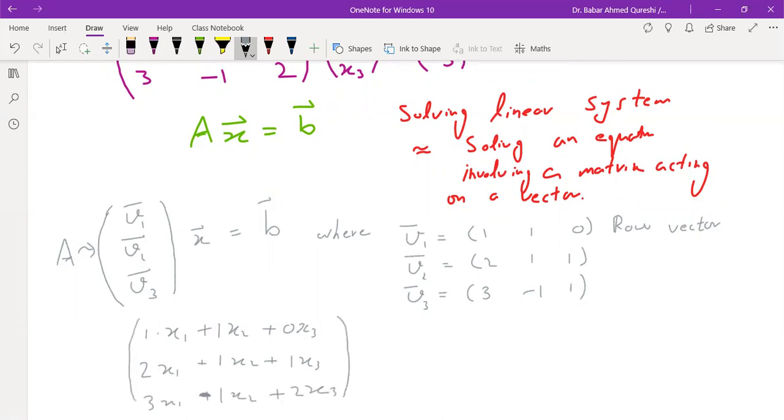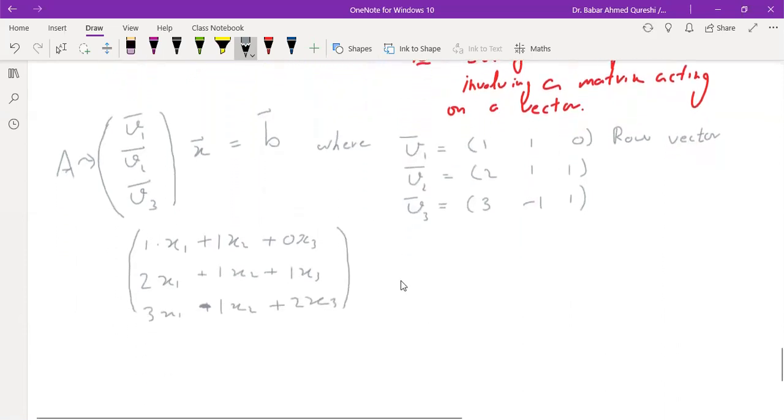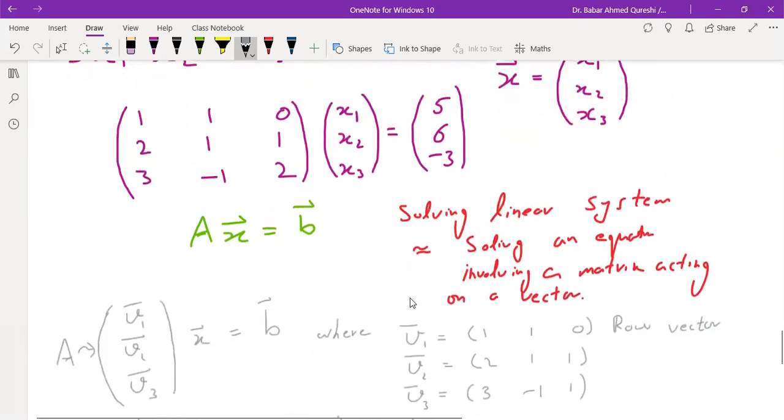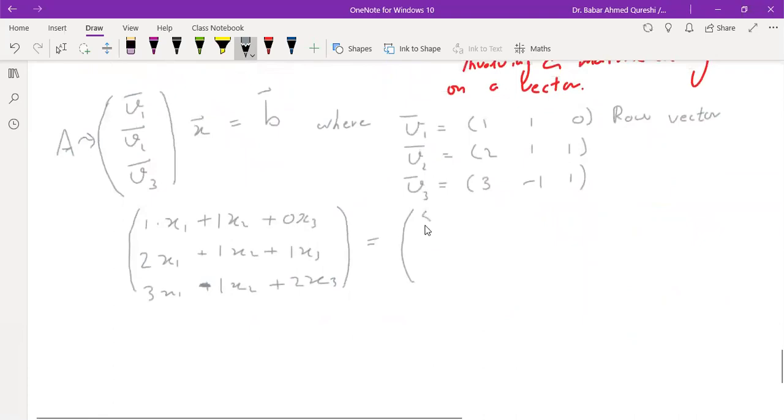This is the result. And this is not a matrix. This is a vector. On this side, I had 5, 6, and minus 3. This is a vector because it's just a collection of objects arranged in a column.